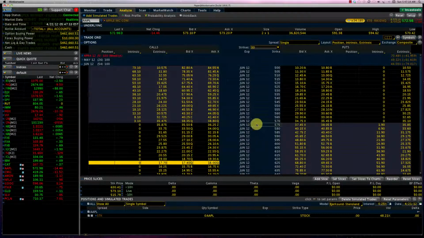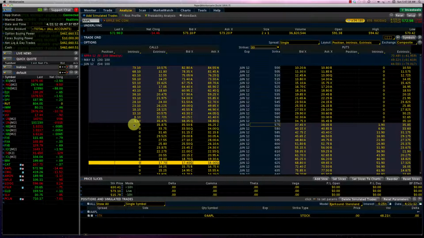So anything above 573, the first one will be 575 and then onwards as you go down, you'll notice that the intrinsic value of all these options is 0. And that's what you would expect because they're out of the money. Apple has to go there to go to that strike for those options to have any intrinsic value.